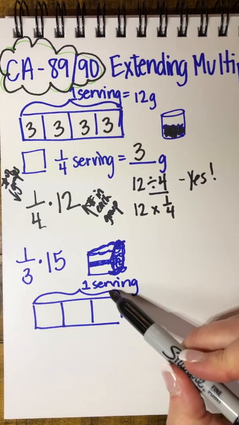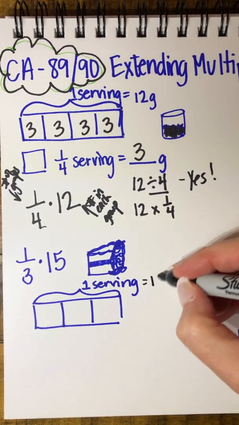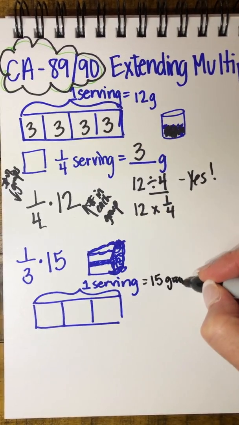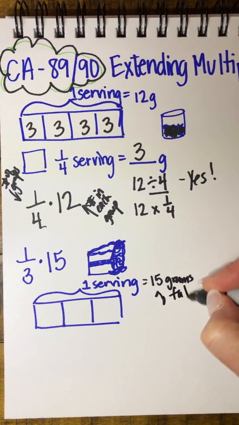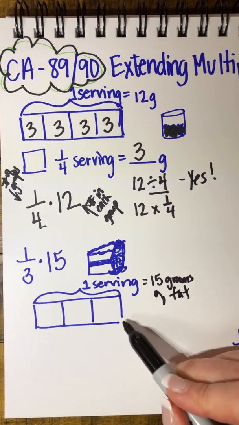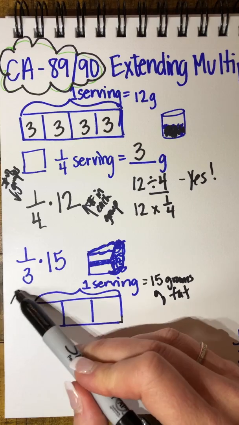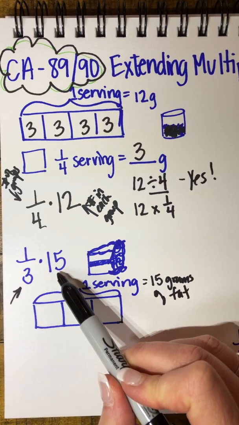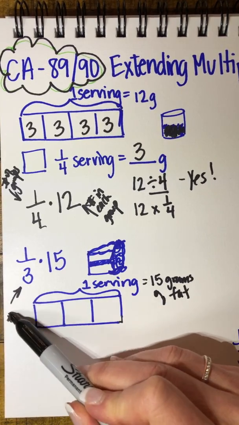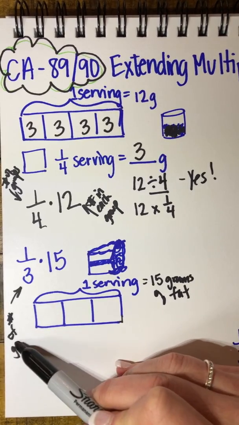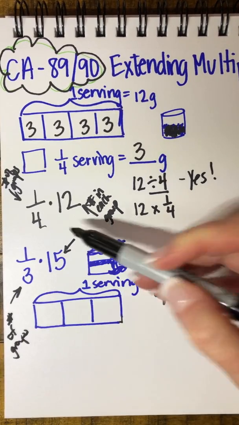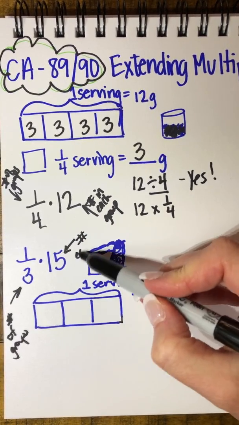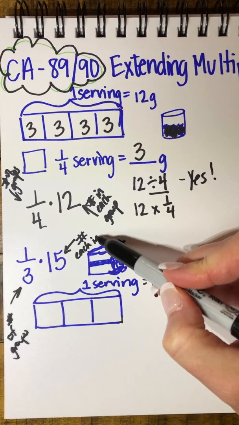We're going to look at one serving of cake as having 15 grams of fat. And I'm going to use this diagram to help us make sense of 1/3 of 15, or 1/3 times 15. So again, 1/3 is our number of groups, and 15 is the amount in one group.